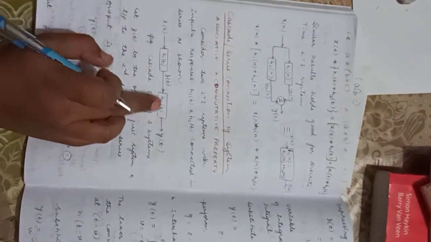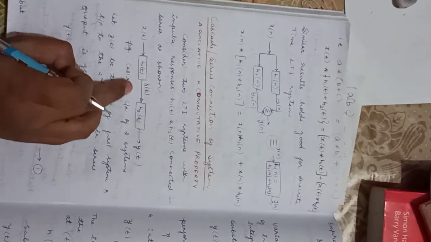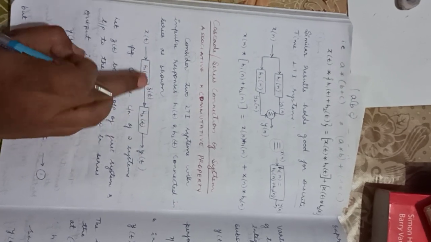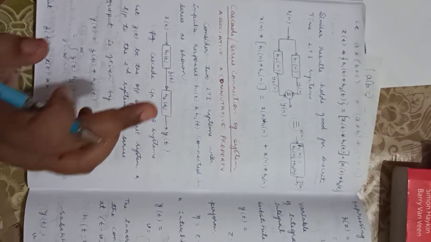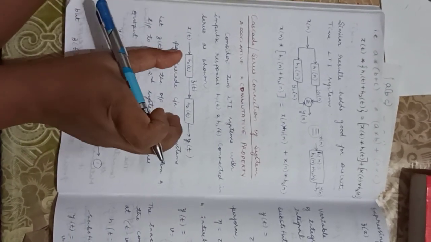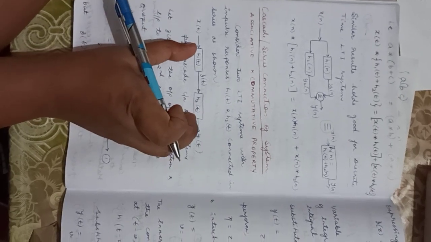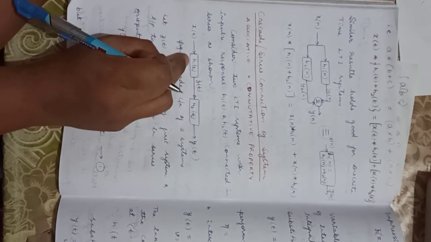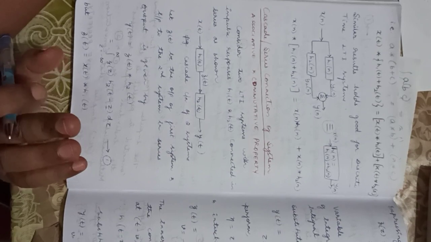So the total summary of this is: when we connect two LTI systems in series, the total impulse response is just the convolution of these two. If your system was in parallel, the total impulse response was the addition of the individual impulse responses. When they are in series, the total impulse response is the convolution of these two impulse responses.